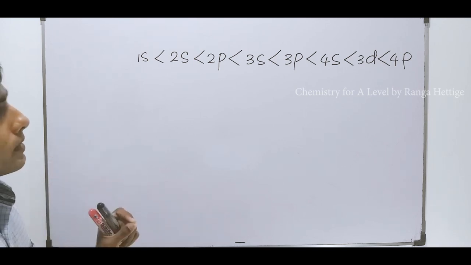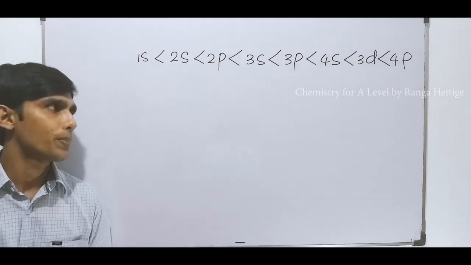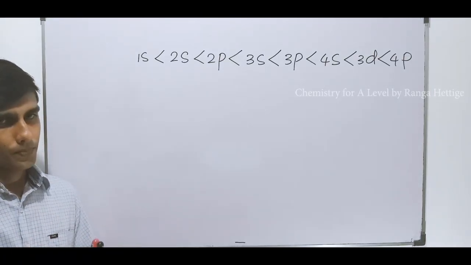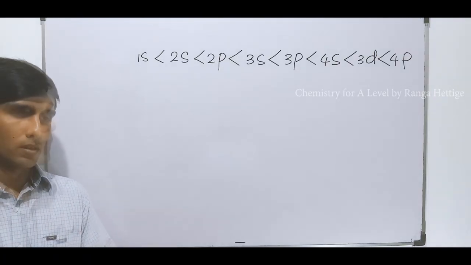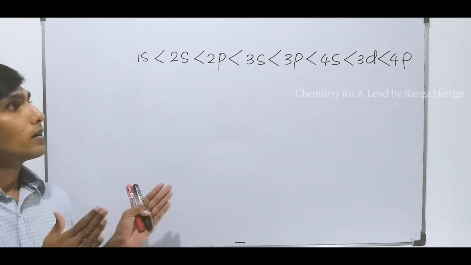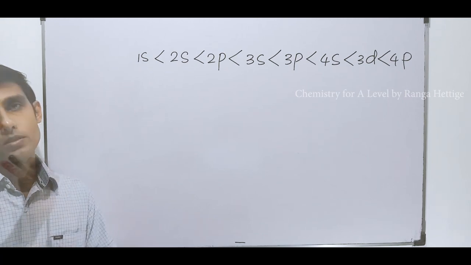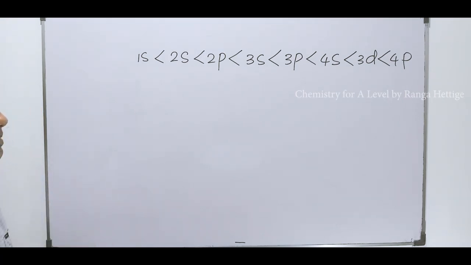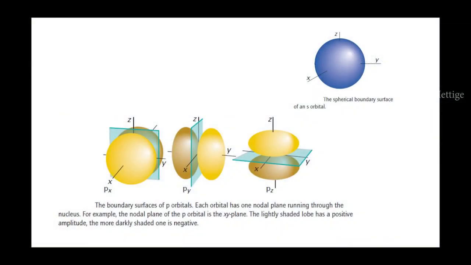When we represent an orbital, atomic orbitals have different shapes. In the last part, I will explain this in the section on quantum numbers. Even though they have different shapes, for example, s orbitals are spherical in shape, and p orbitals have two lobes, which we call dumbbell in shape.